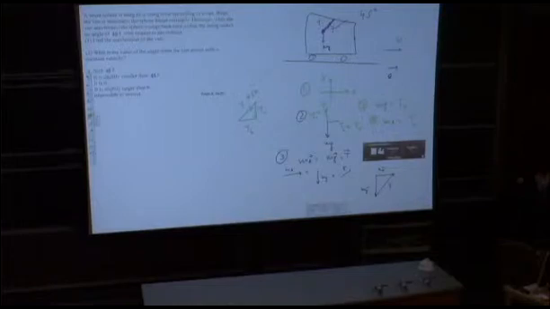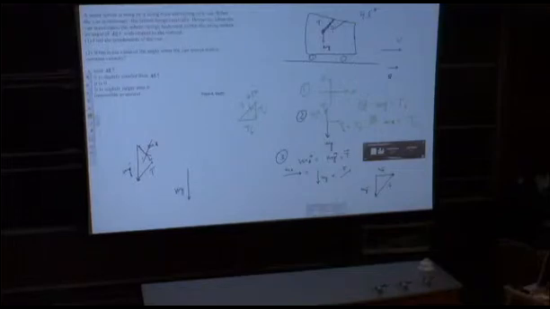So if I do something like that, mg plus T, wrong, not horizontal. If I do something like this, mg, T, should be ma, again wrong, again not horizontal.